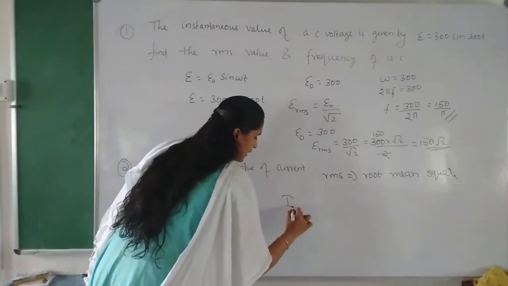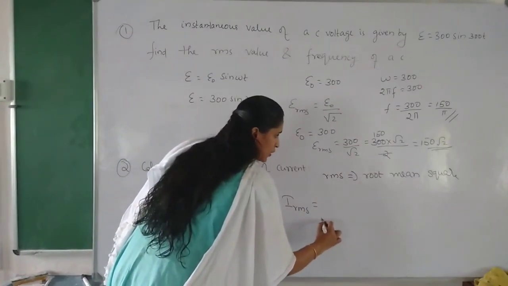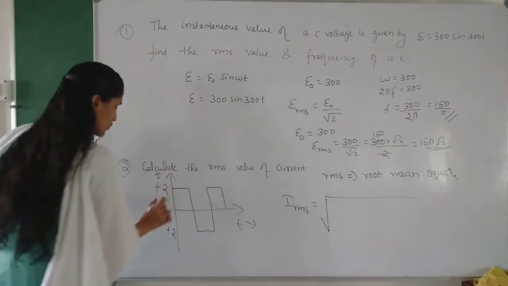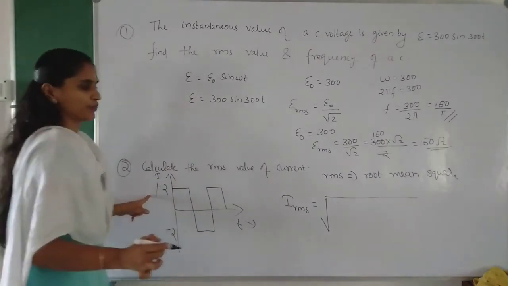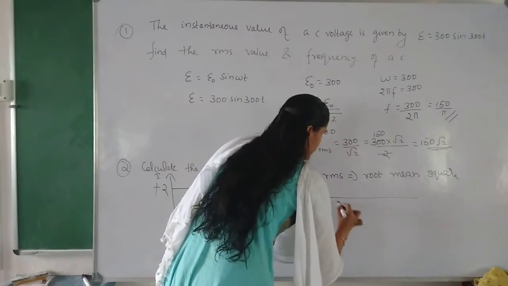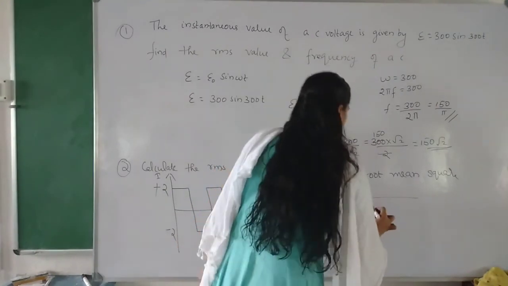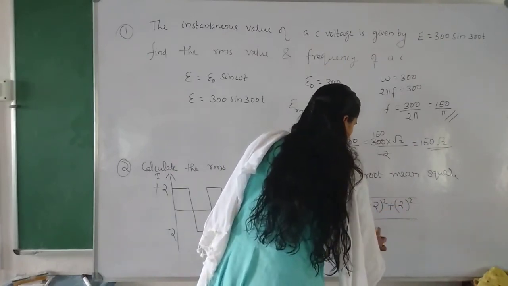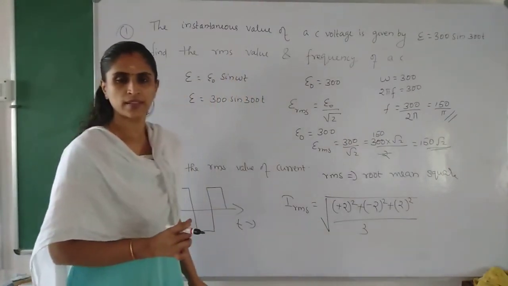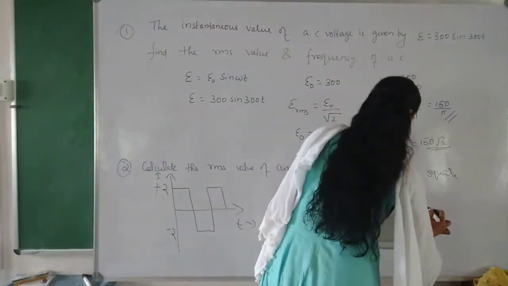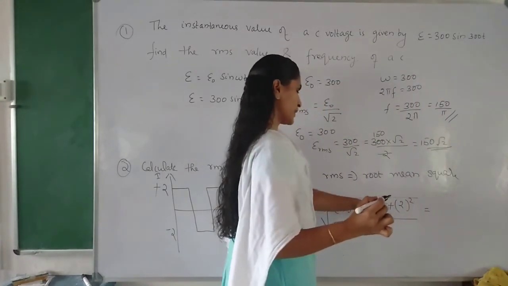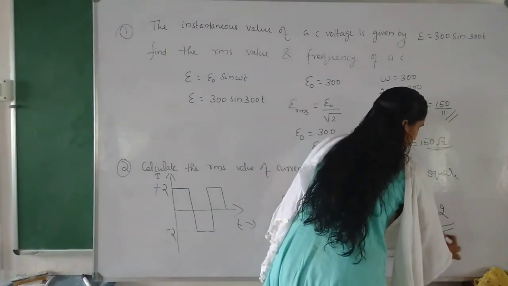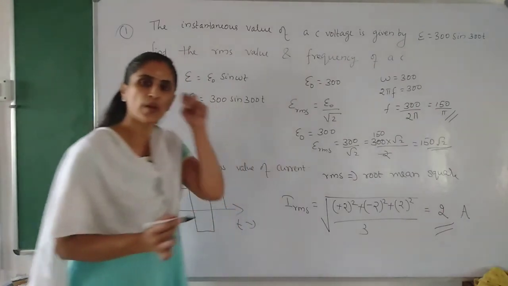So you can write I RMS is equal to root of plus 2 squared plus minus 2 squared plus 2 squared, divided by 3 values. What will you get? 4 plus 4 plus 4 is 12, 12 by 3 is 4. So you get the answer as 2.